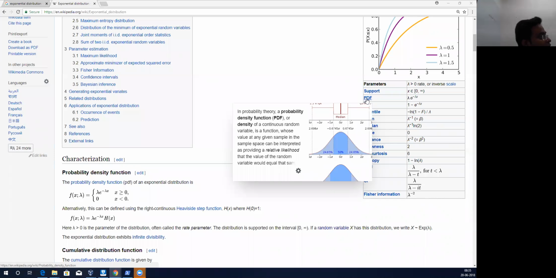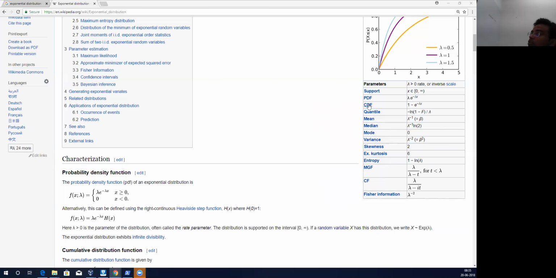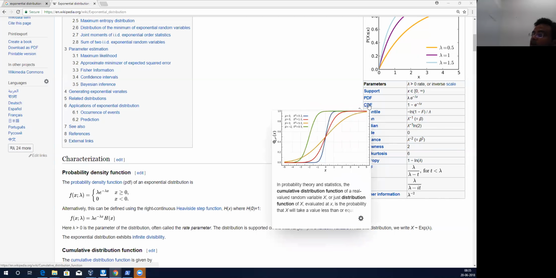If it is a normal distribution, it will be a bell curve, because the probability of the middle elements is very high. Got it, right? That was your probability density function. Now again, you have the cumulative distribution function. Okay, so the cumulative distribution function, right?